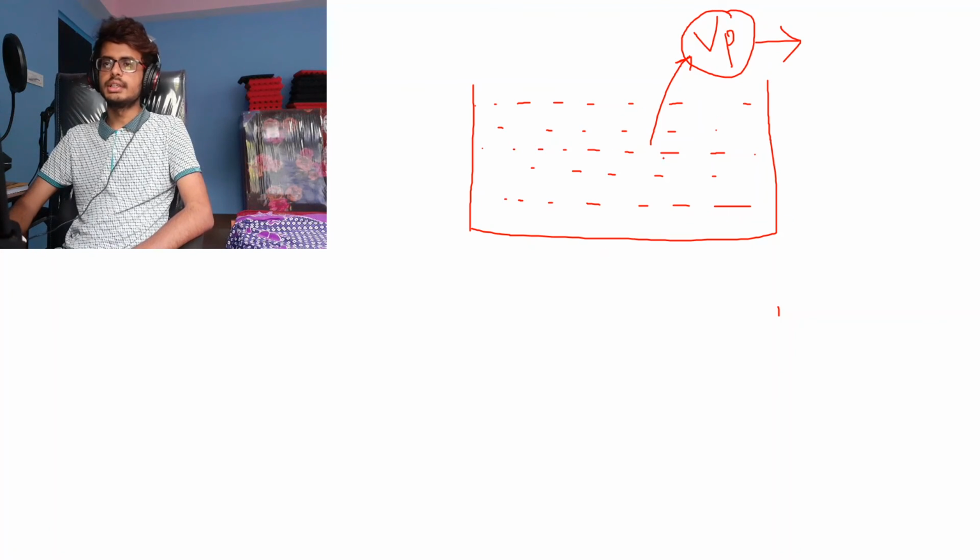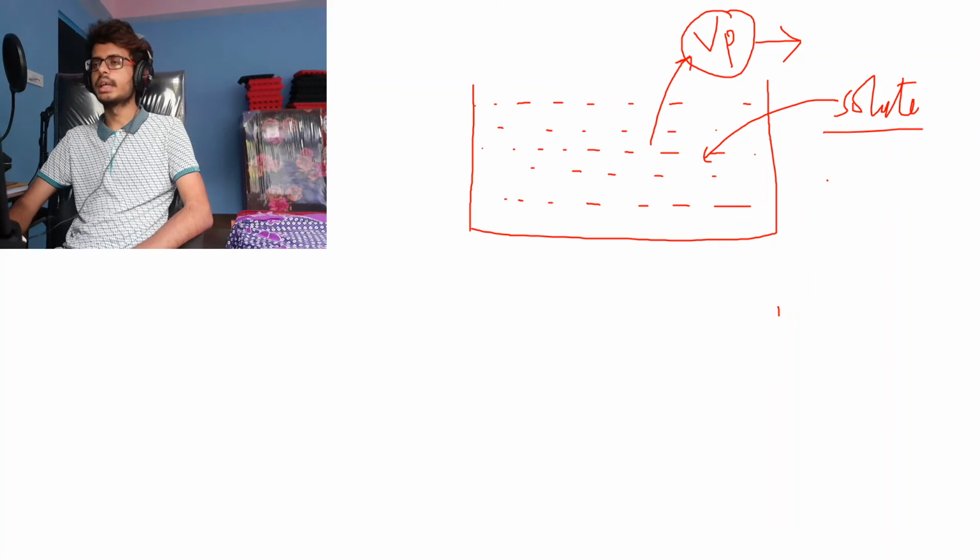Now, in the same solution, I add a solute. It may be a solid, a liquid, or a gas, it doesn't matter. I put solute particles in it which are non-volatile, totally not volatile.